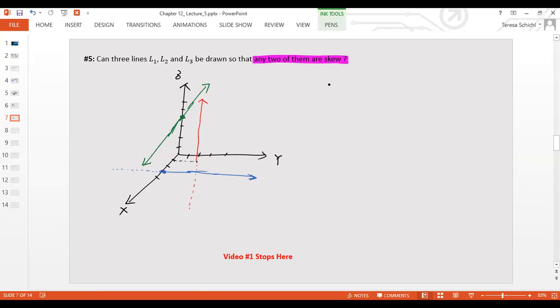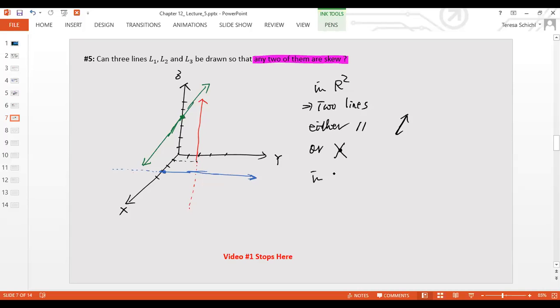Also, if you remember in R2, if you have two lines, you only have two situations: they are either parallel or they intersect. Parallel includes the case where they are the same line.